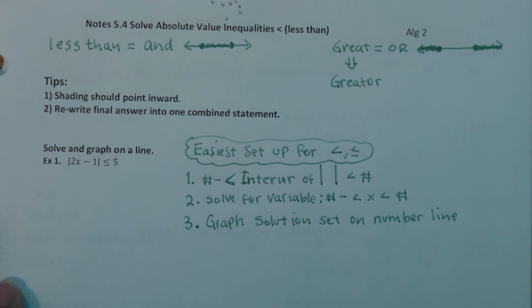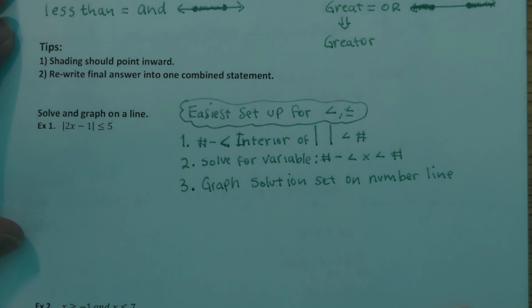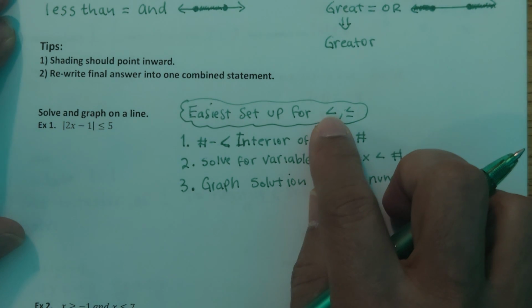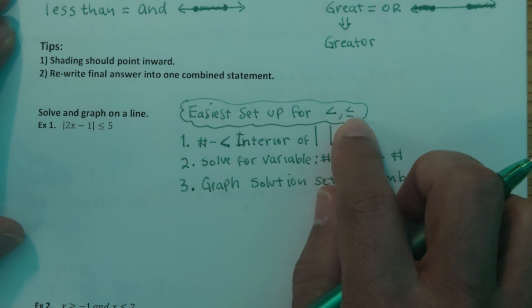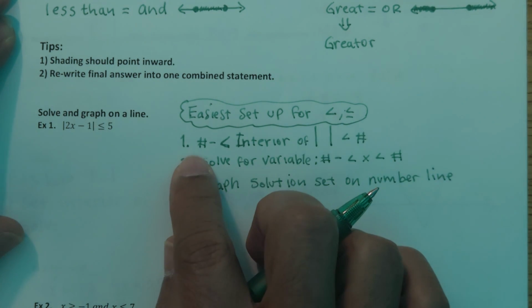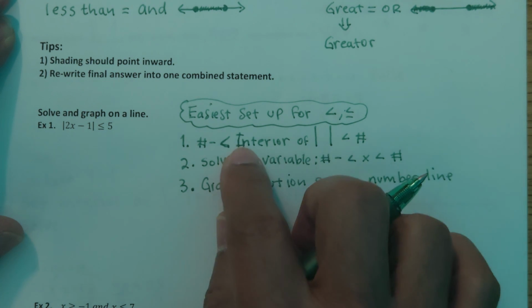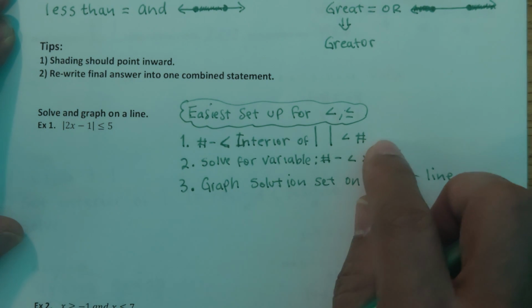That said, I'm going to give you an easy setup to help you understand this lesson. This will apply to less than and less than or equal to. The first step is you set the interior of the absolute value in between a negative number and a positive number.